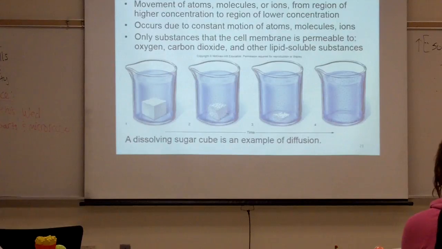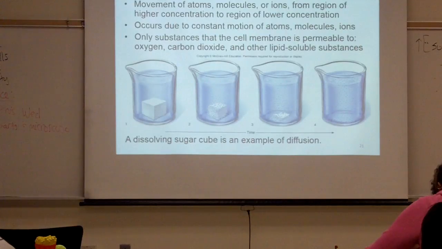The cell membrane is made of fats, phospholipids. These are all fat soluble, meaning they dissolve in fat. So, since the cell membrane is fat and these molecules are fat soluble, they have the ability to pass freely.